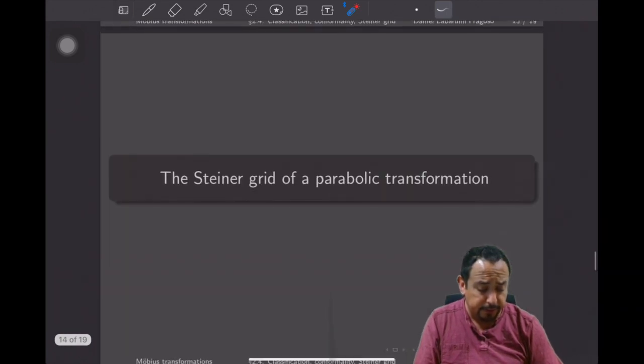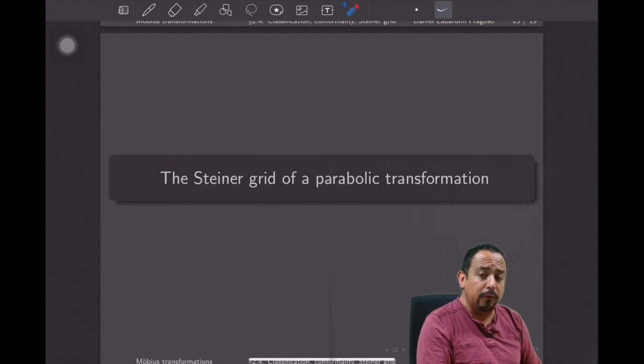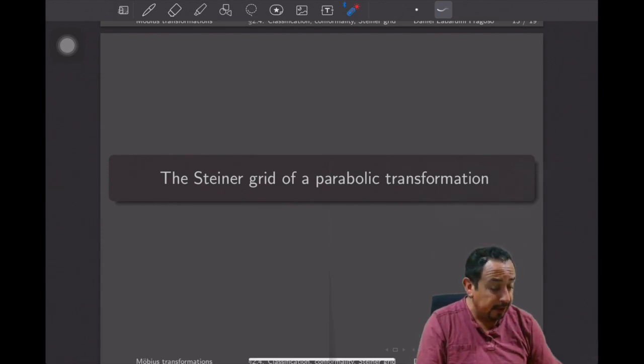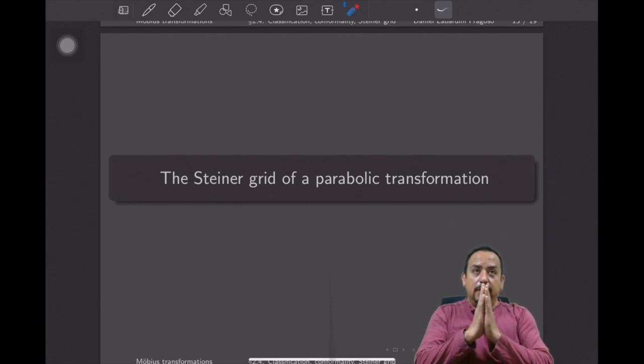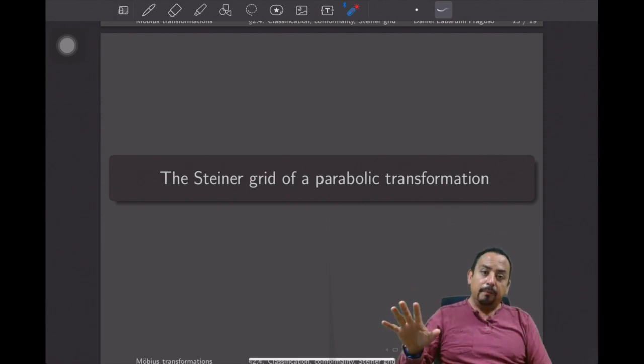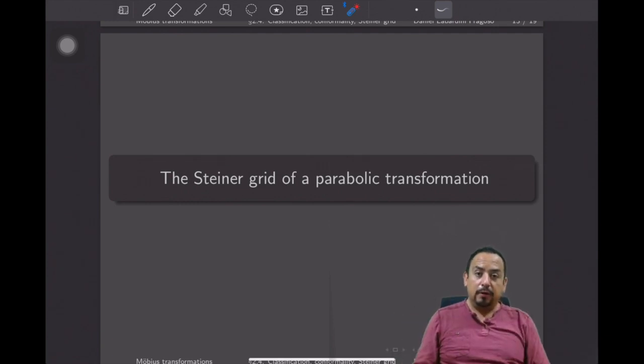And so now we finally move on to Steiner grids. As I've been saying, now we know that a Möbius transformation, different from the identity, is always conjugate to a standard example. And in the standard examples, it was very easy to provide some basic analysis of the geometric behavior.